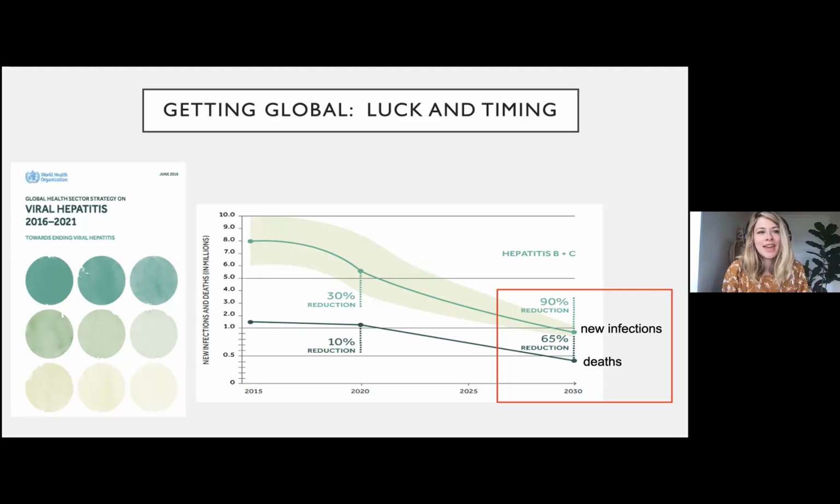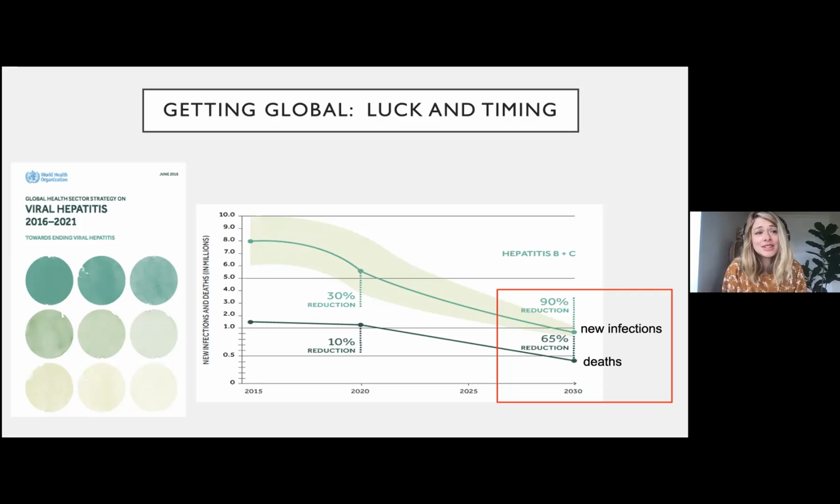It went from a handful of mainly high-income countries that had the resources to think about viral hepatitis, to many, many countries wanting to understand what their epidemics looked like, committing to these elimination targets, and wanting to know how to achieve them by 2030.